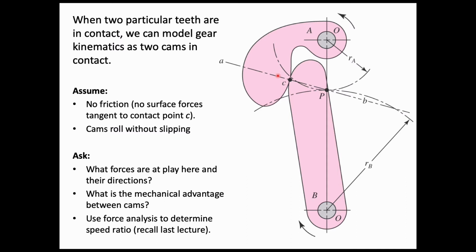We went through in some depth in defining what is the speed ratio. We derived that both from a speed perspective and a force perspective. And we defined that with this rolling cylinder simplified model. But now we're going to get into the actual geometry of real gears and account for the complexities of pairs of teeth coming in and going out of contact at the mesh.